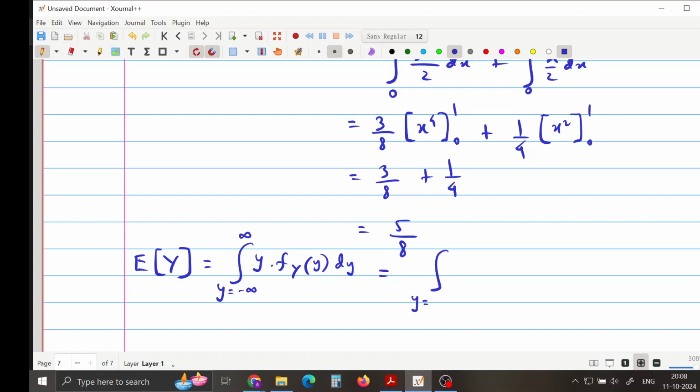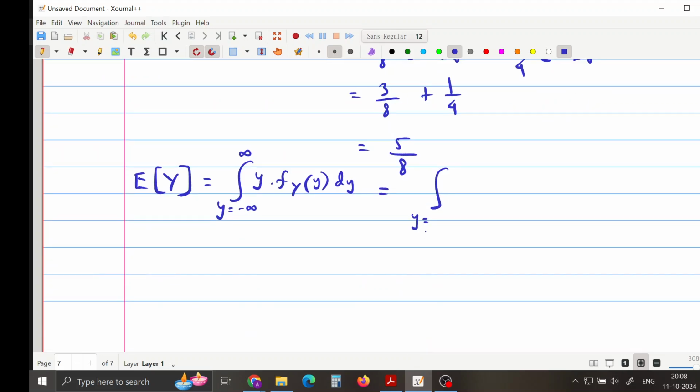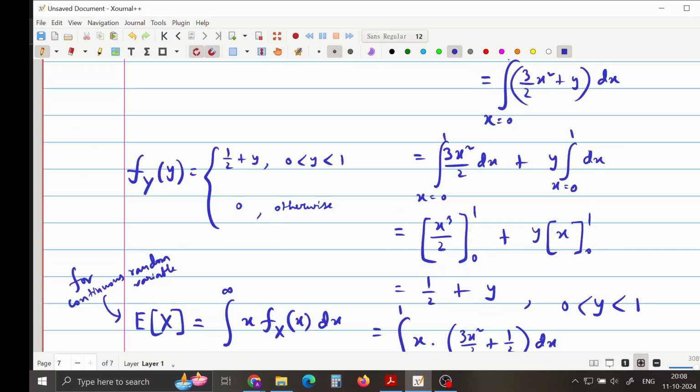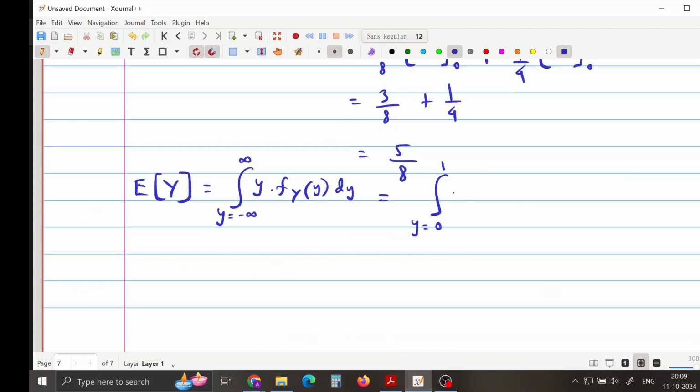The effective limit of integration would be from 0 to 1, because we have seen that the PDFs are defined only from 0 to 1, otherwise they are zero, and the form of the PDF of y is half plus y in that limit. So this is half y dy from 0 to 1 plus y squared dy from 0 to 1.